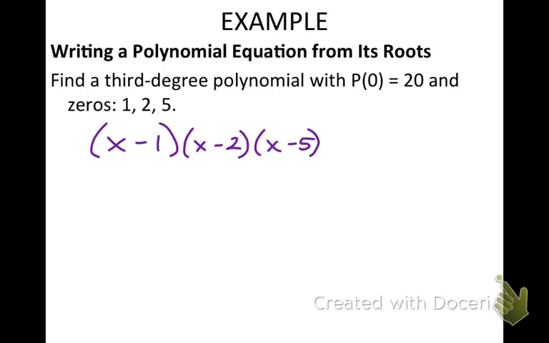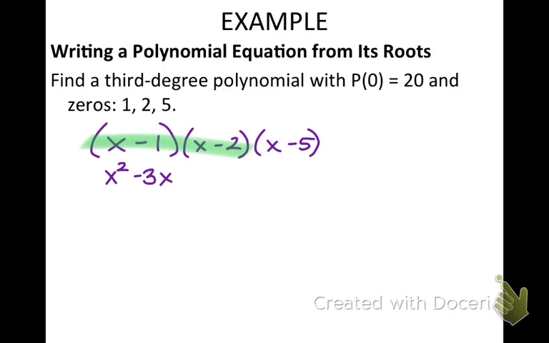Let's do it. First two together. Do not go x times x and say x to the third. Ignore this last one and do two together first. So if I multiply the first two together, x times x is x squared. I get a negative x and a negative 2x, which makes negative 3x.